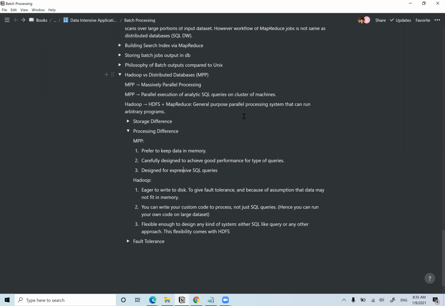If an ETL job is running, you don't want to hamper the SQL queries that come after, right? If there is a big ETL going on, all the queries will be slow. So Hadoop solves the problem using YARN, and inside YARN, you create quotas for different people. You can say, okay, the ETL team has 20% of the cluster, the analytics team has 50% of the cluster.